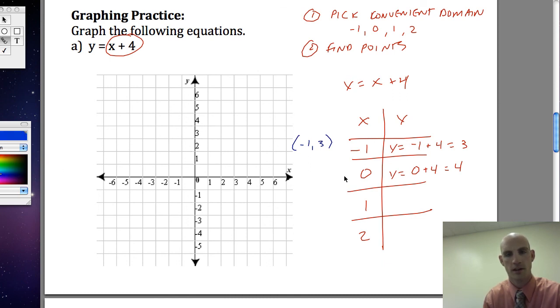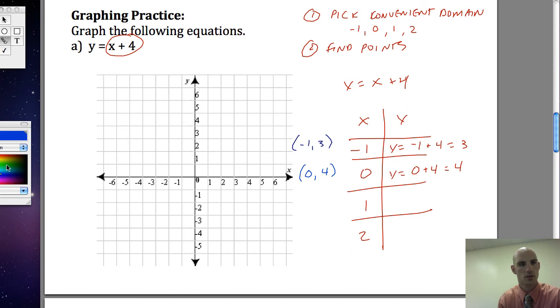So my next point is 0 comma 4. Y equals 1 plus 4 is 5. So my next point is 1 comma 5. And my final point, because I only need about 3 or 4, is y equals 2 plus 4 equals 6. So my point is 2 comma 6.